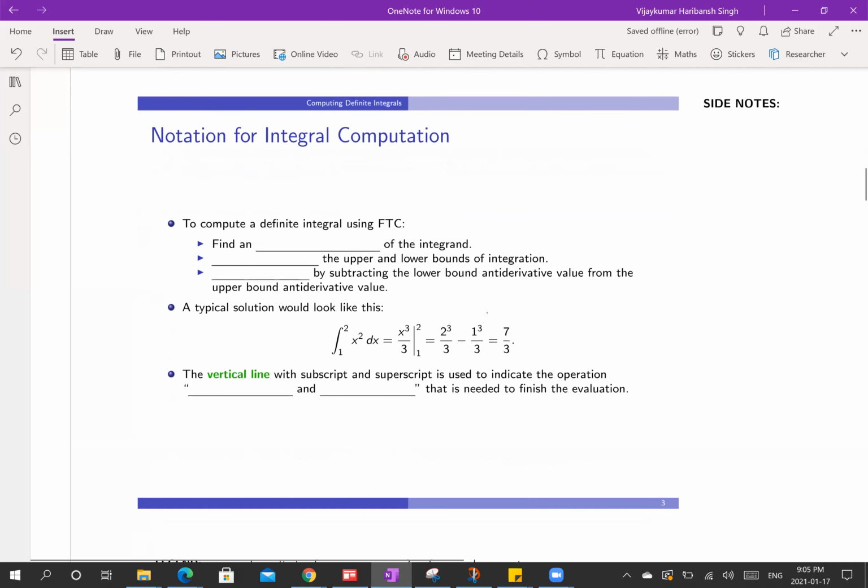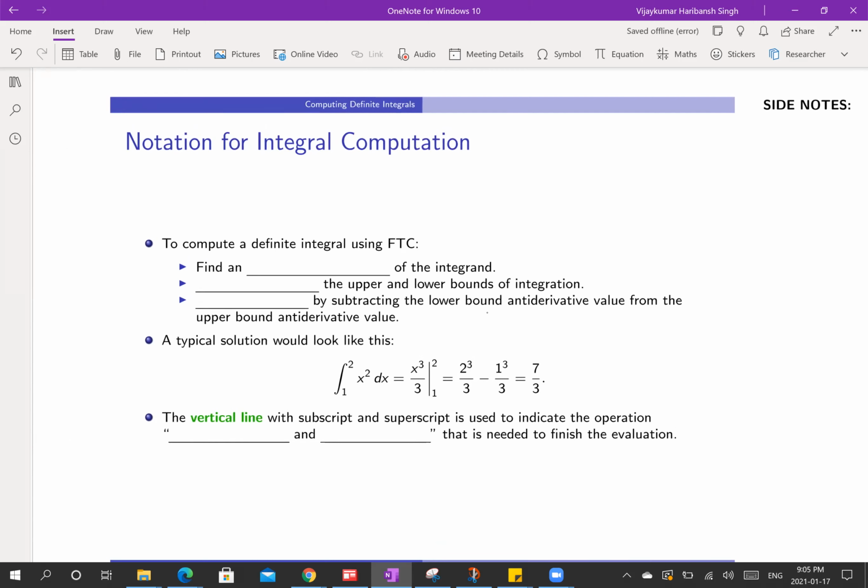First things first, let's have some notation for integral computation. Recall this was discussed in the last class. The idea is to compute a definite integral using the fundamental theorem of calculus, FTC.